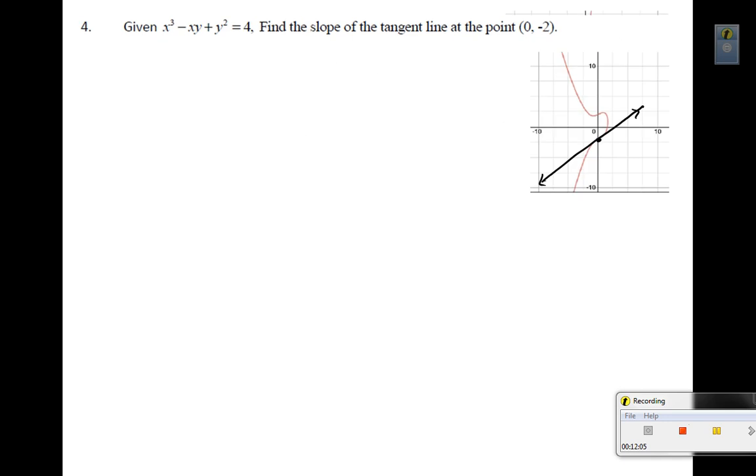So here's your number 4. Notice this cool looking graph that we're going to work with. Never have you been able to work with a graph that looks like that until now. The derivative of x cubed is 3x squared. The derivative of negative x times y will be the derivative of the first, negative 1, times the second, y, plus the first, which is the opposite of x, times the derivative of the second, which will be 1 dy/dx.